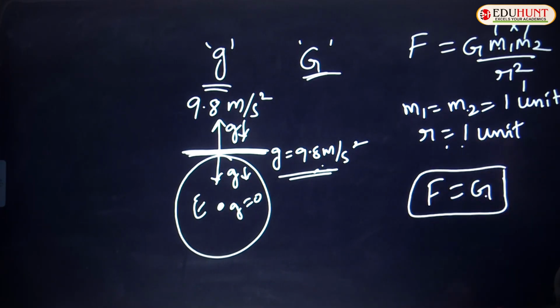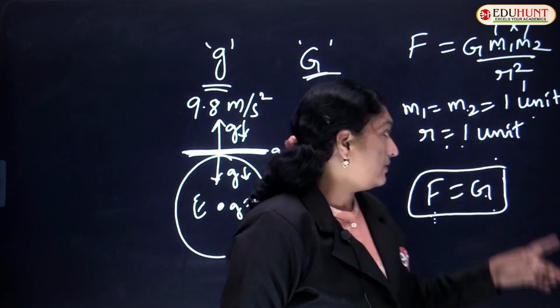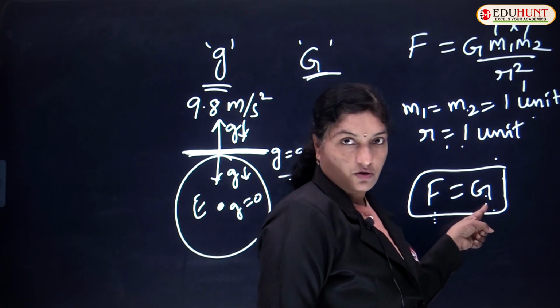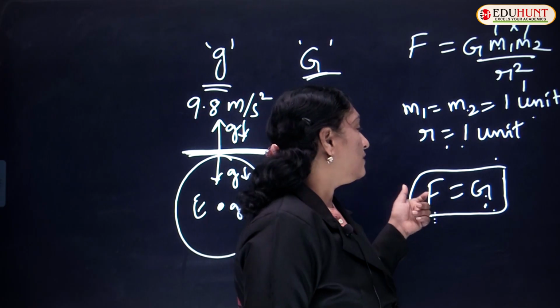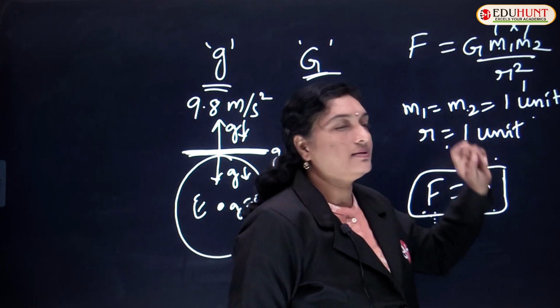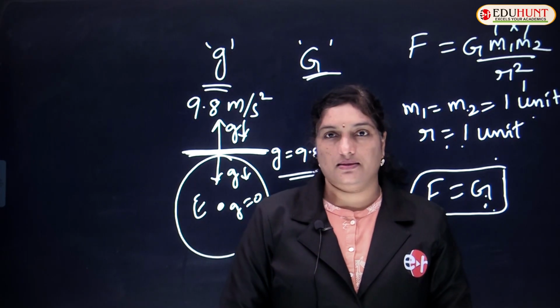So how do you define the universal gravitational constant? It is defined as the force due to gravity acting between two bodies of unit masses separated by a unit distance. I repeat, the universal gravitational constant is the force acting between two bodies of unit masses separated by a unit distance.